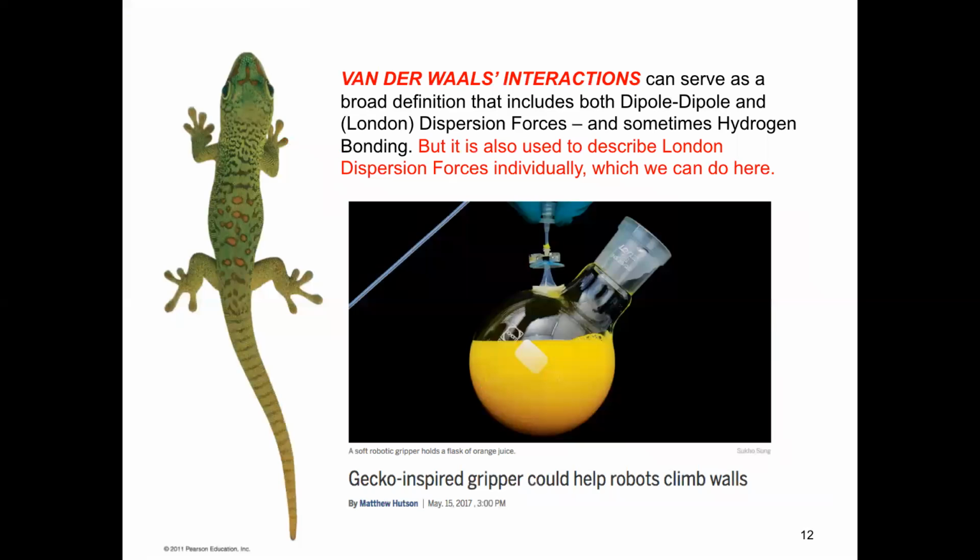Okay, so van der Waals, as I mentioned, can often serve as a very broad definition that includes dipole-dipole, dispersion, and hydrogen bonding, but it's typically used to describe dispersion forces individually, okay? Sometimes it's called London dispersion forces, and that's what we'll do in this course. So when we're talking about van der Waals, we are referring to the dispersion forces.